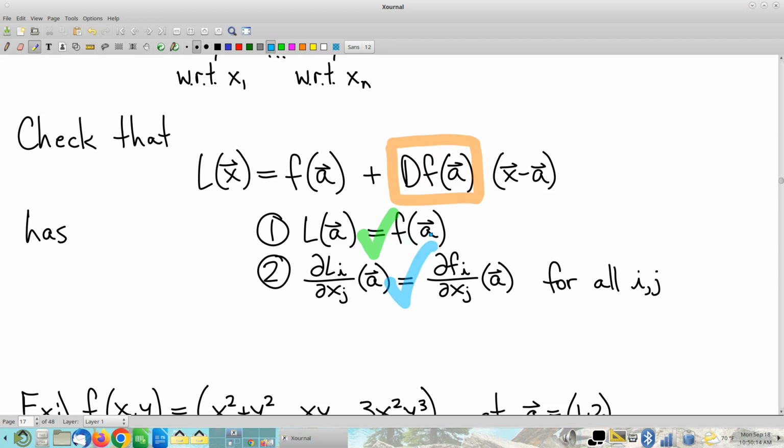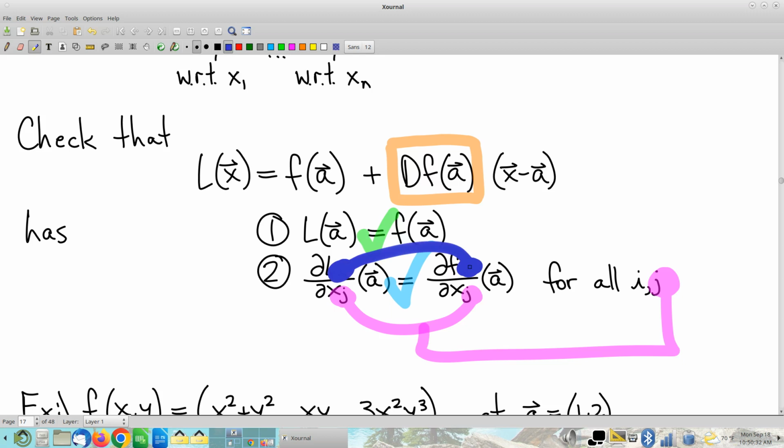And very importantly, when I say all of the right partial derivatives, I mean with respect to all of the input variables. And furthermore, partial derivatives of all of the same output variables.